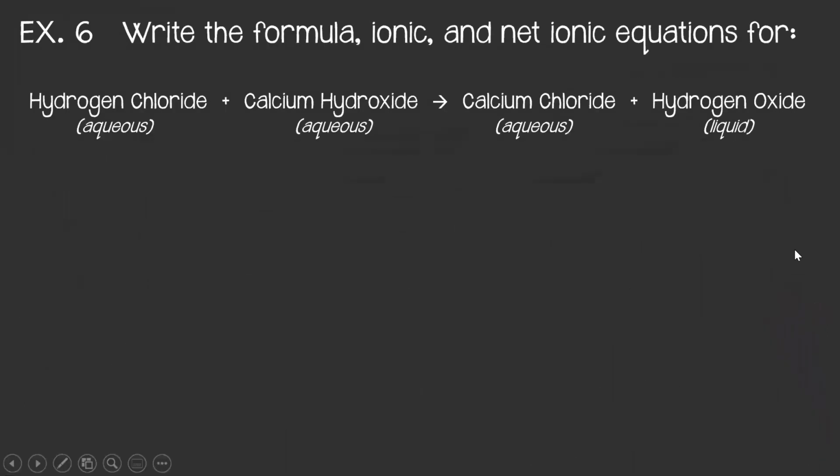Okay, now try this one. Once again, formula equation, and then ionic and net ionic. Pause the video, try it out. Okay, so kind of looking at this, we know that hydrogen is H, and it's got a +1 charge. Chlorine, Cl, is a -1 charge.